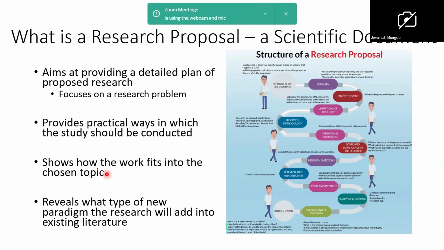Furthermore, the research proposal will show you how the work fits into the chosen topic. For example, we have HIV/AIDS as a topic, but you might need to choose a research work that suits, for example, nutrition in patients with advanced HIV disease, so that we know the global topic here is HIV.